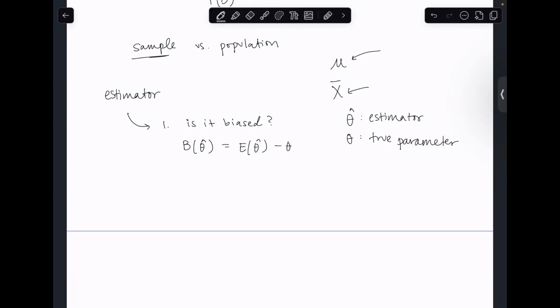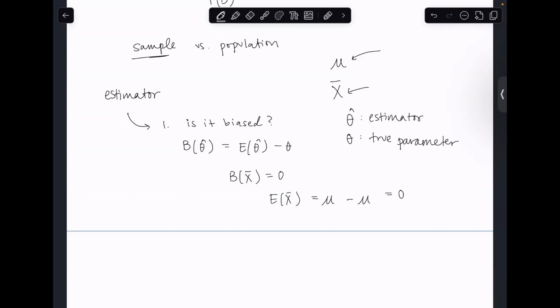I'm expecting to get the same thing as it actually is. And what am I trying to do with an estimator? I'm trying to get this true population parameter. That's all an estimator is doing. And so the bias is going to be the difference between the two. If we remember, the bias of X bar, for example, is 0, right? Because the expectation of X bar is mu, and when we subtract off the true mean, it just equals 0. So that's an example of an unbiased estimator.